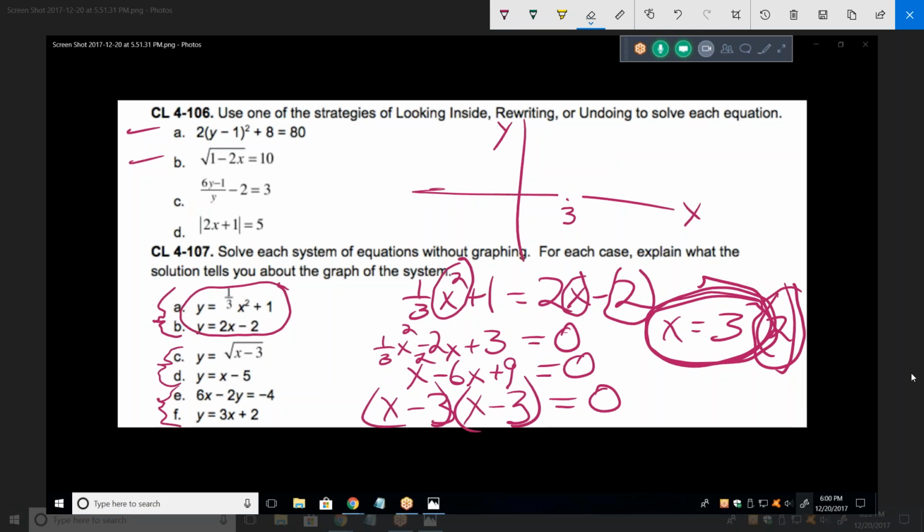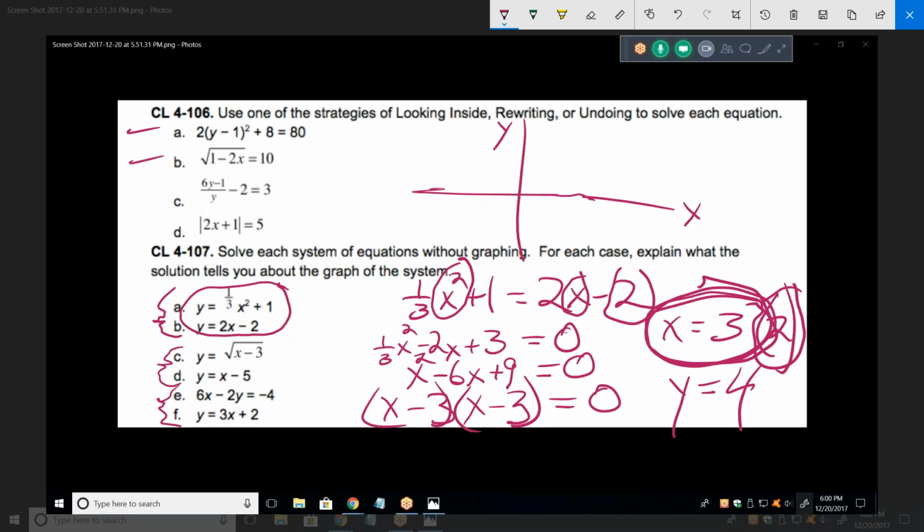So here's actually what they wanted. I apologize. Whenever you have a system of equations, you always have to solve for both x and y. We weren't really solving for the zeros of this parabola. I don't know what I was thinking.